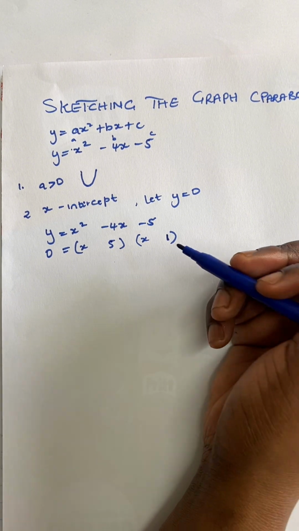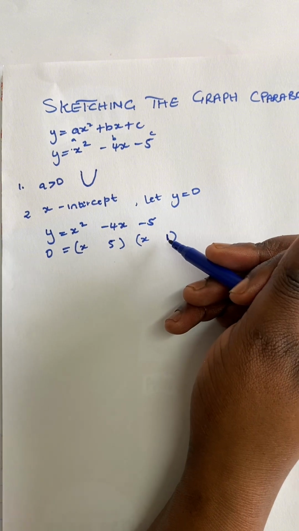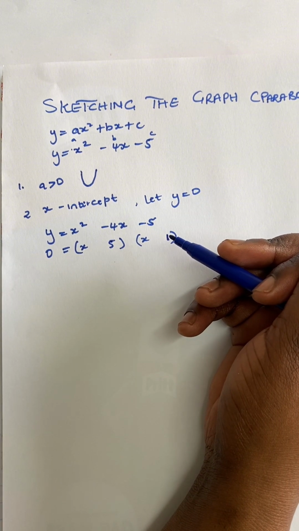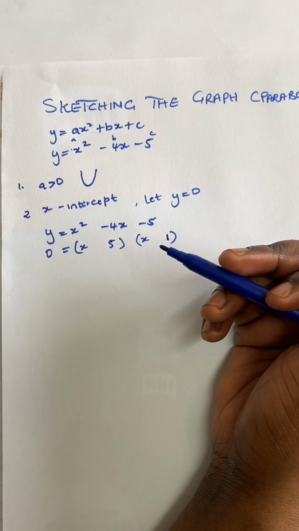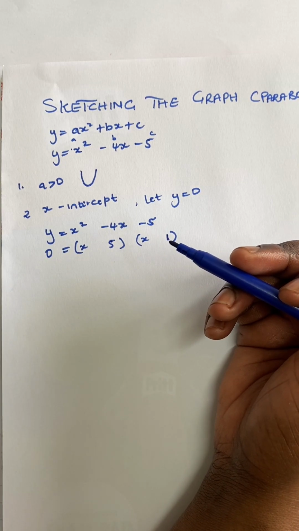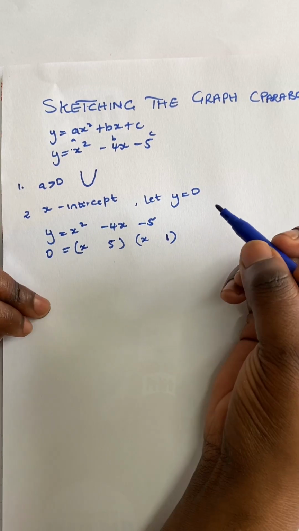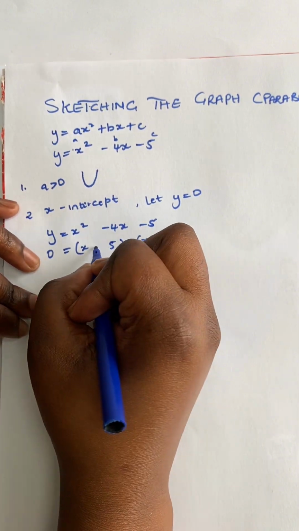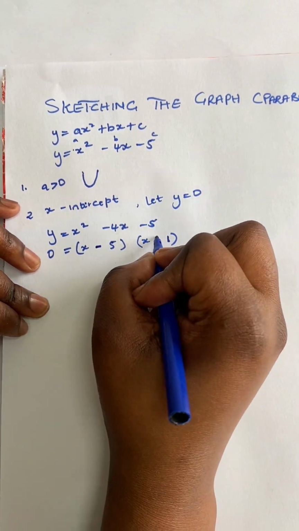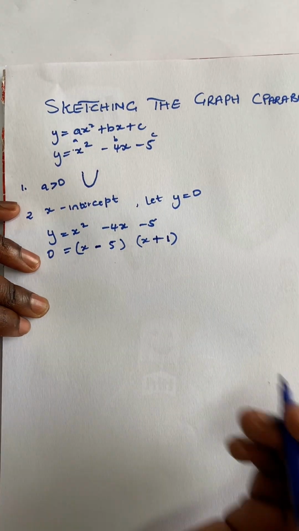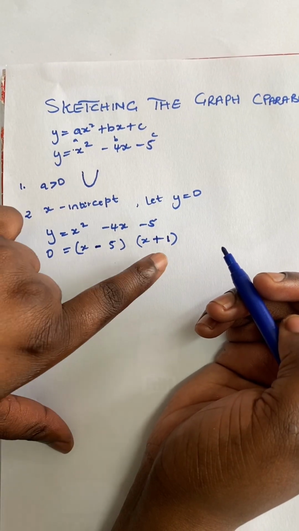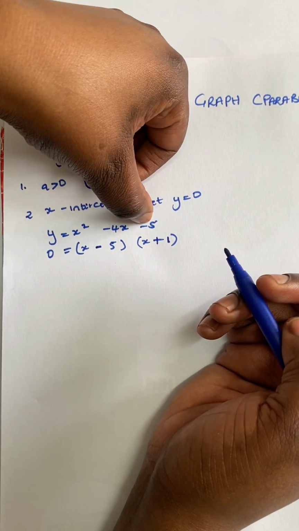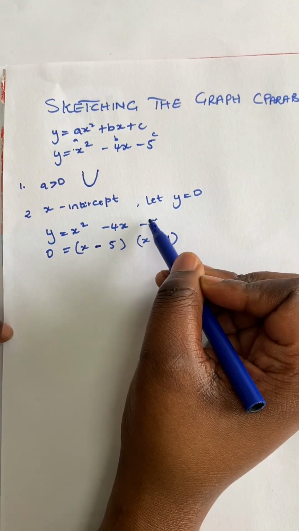So this 5 and 1 should be added or subtracted in a manner that gives you the middle term. So you know that it should be negative here and positive here. Why negative here and positive here? First of all, a negative times a positive will give you a negative.